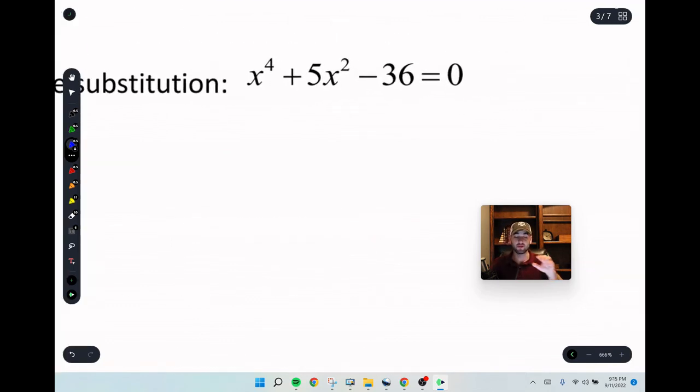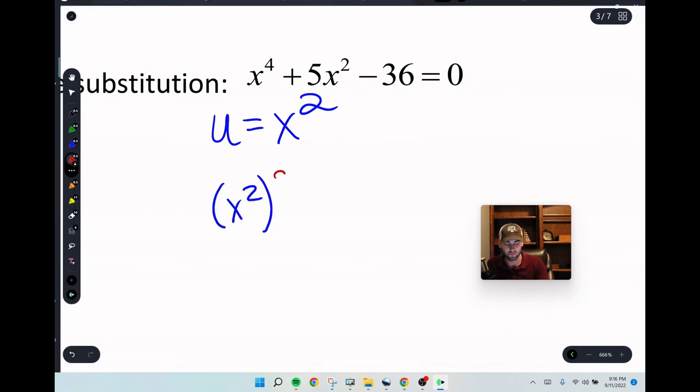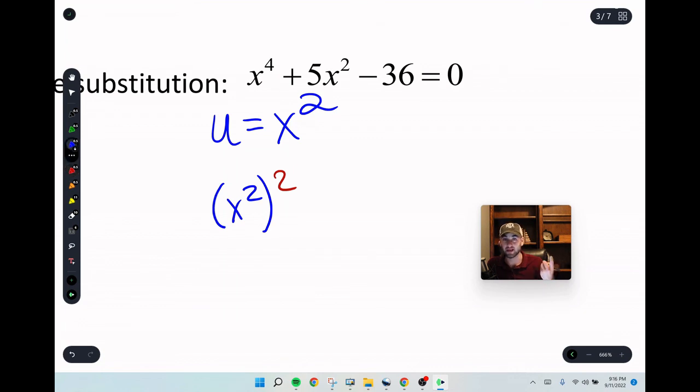We're looking at the same thing, factor. This one's going to be a little tricky factor, right? But if we remember that u substitution, where we take u, make it x squared, and then we rewrite our equation as x to the fourth plus 5x squared minus 36. I'll give you a hint in colors.